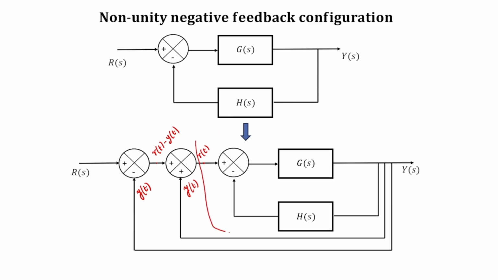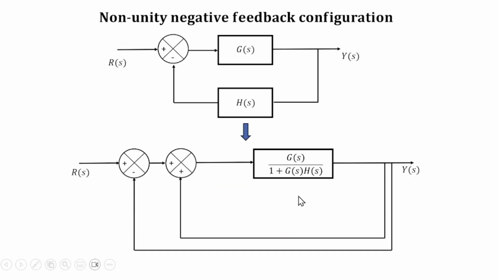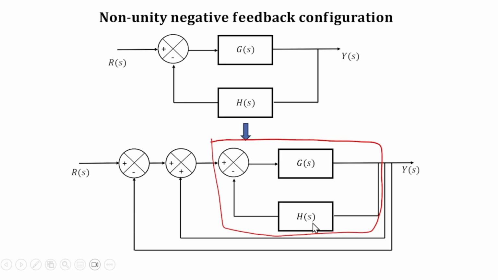So from this inner block's perspective, it is exactly the same system that we are dealing with. All that I have done is add two extra signals and summers, but both systems are equivalent. They behave the same way, so I have not made any change in the transfer function as such. Now notice that this innermost loop, I know how to convert into a single block using this formula: G by 1 plus GH.